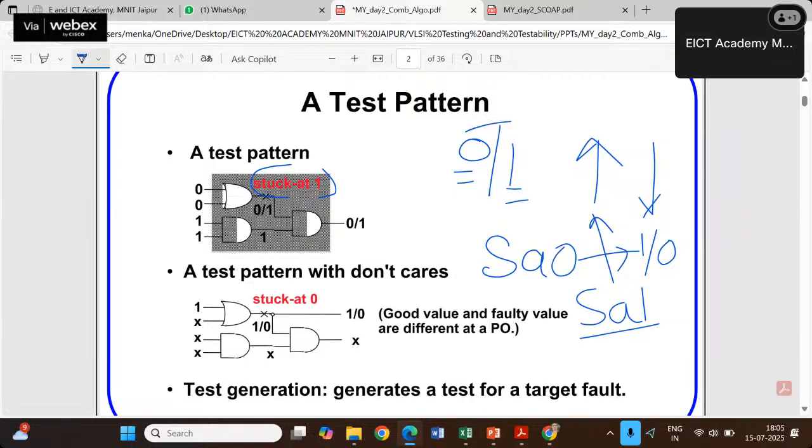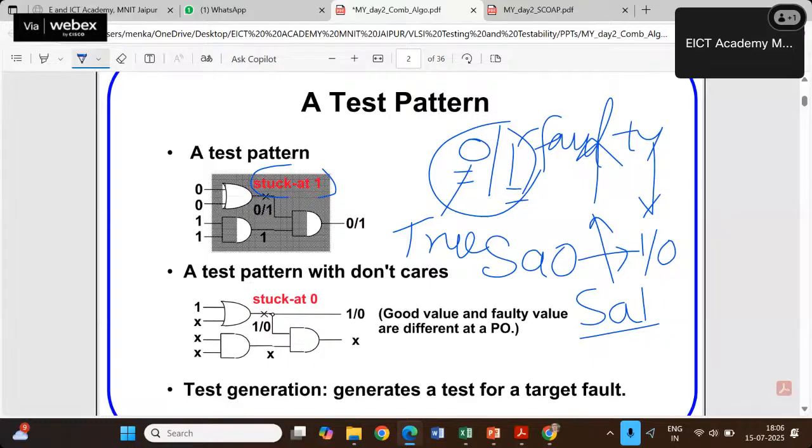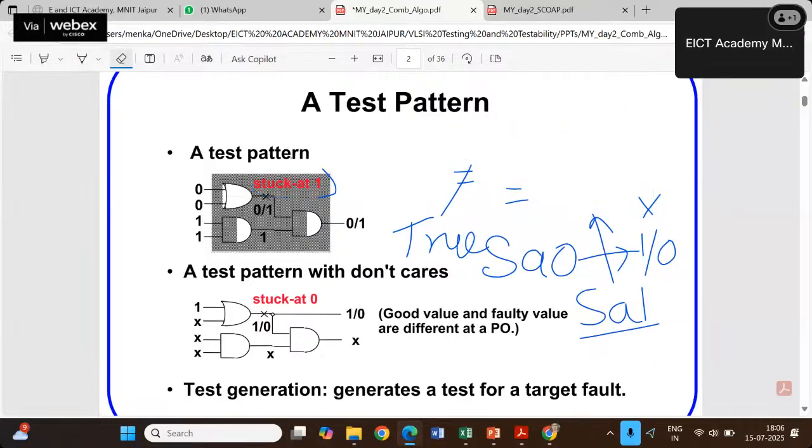If we are using this method, before the slash is the fault free value, the true value, and after the slash is the faulty value. Now I have to generate the test pattern for this. First of all, I have to activate the fault. Where is the fault?